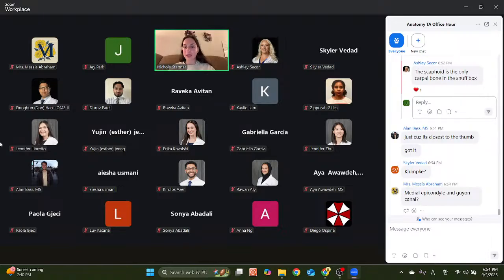The ones that can happen at the elbow down. I'm not doing the top of the brachial plexus today. Sorry, Klumpke. I'm not doing Klumpke today.